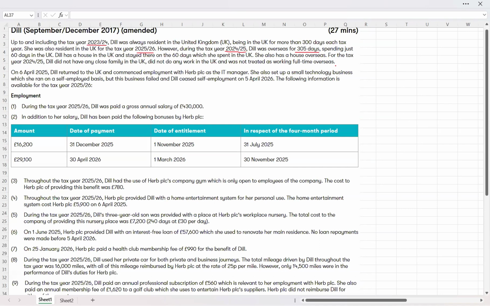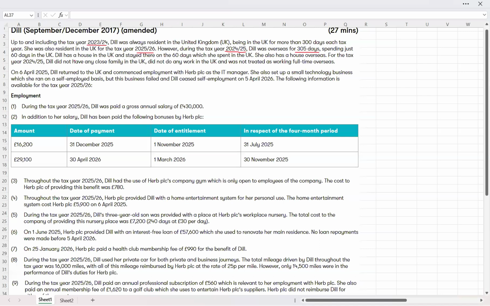So this clearly means that Dill does not fall in the automatic UK resident test, because the requirement is that they should be in the UK for a specific number of days, but this is well below that. Dill was outside the UK, spending just 60 days in the UK.